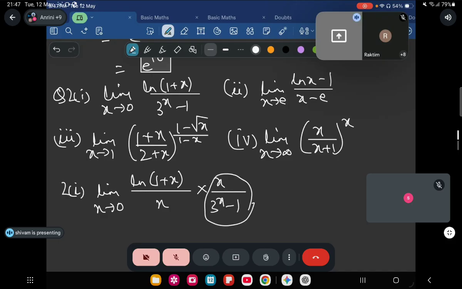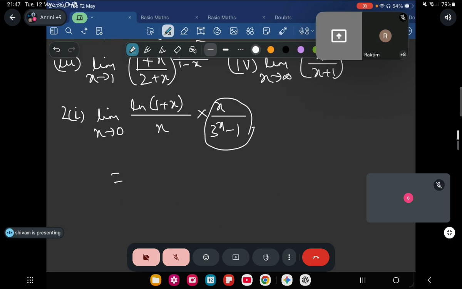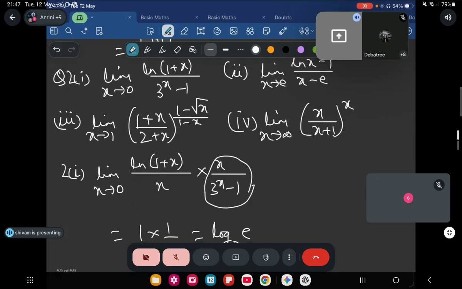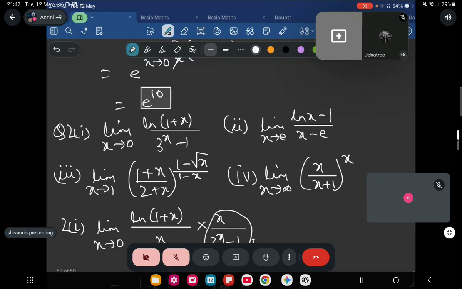See, this part will become 1 by ln 3. So finally, you are going to get 1 into 1 by ln 3. Tell me, Devatri, is it clear? So this can also be written as log 3 to the base e, that is, log base e of 3. Okay, the answer can be given in this form as well.